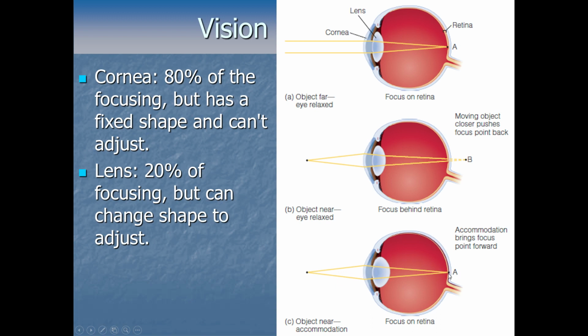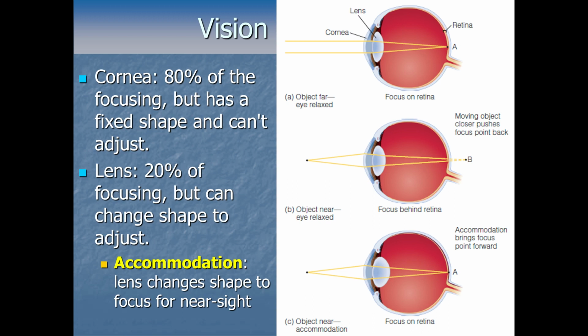That avoids blur and assures we can see nice detail for whatever we're looking at up close. That process, that adjustment of the lens to help us focus on something up close, is called accommodation. It's the lens changing its shape to focus for near sight. That's why, despite the lens only doing 20% of the focusing, its flexibility makes it really essential for us to be able to see things at different distances.